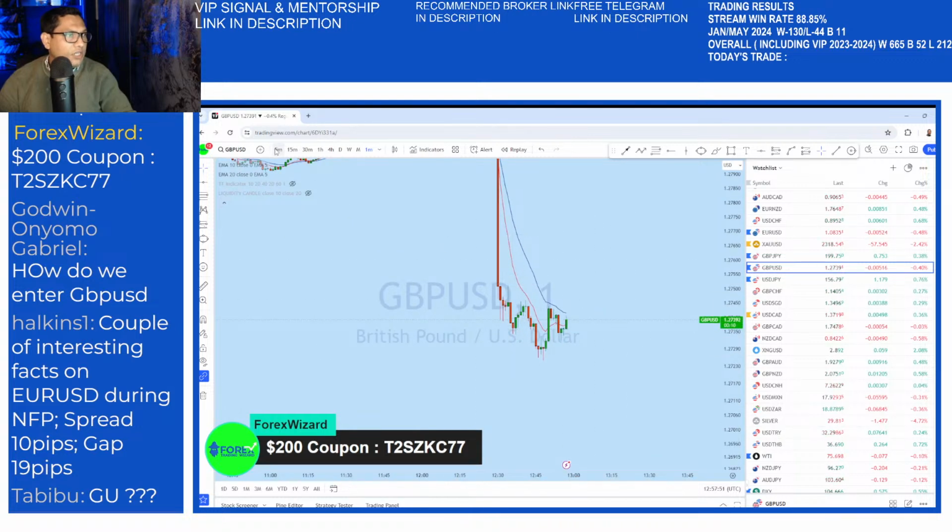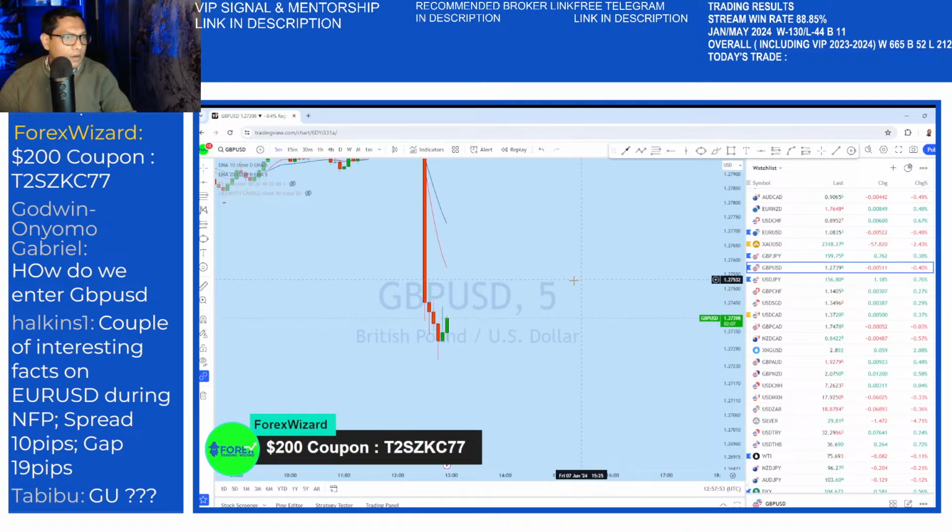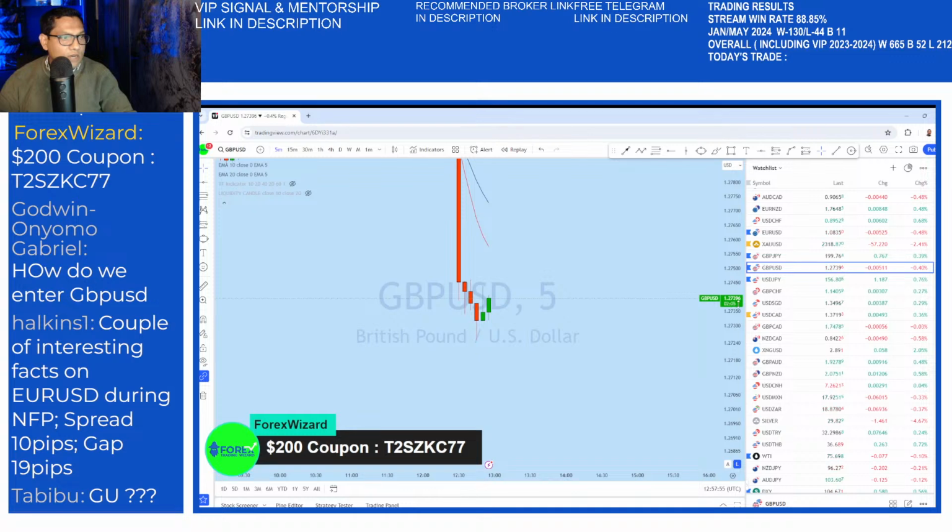GU also consolidating in that area. I don't do anything at the moment. Still downside possible.